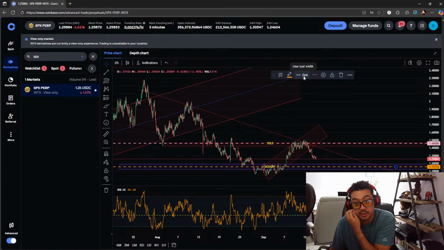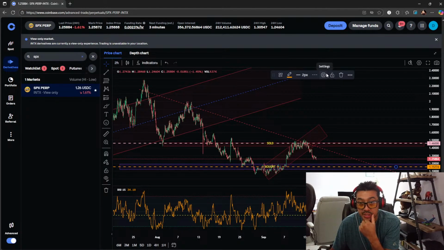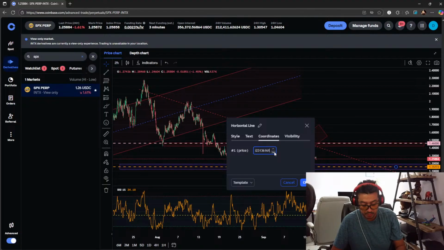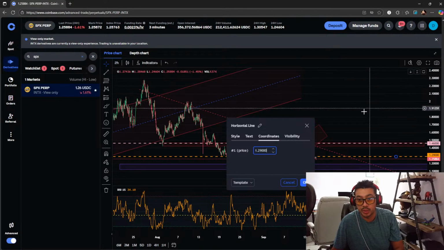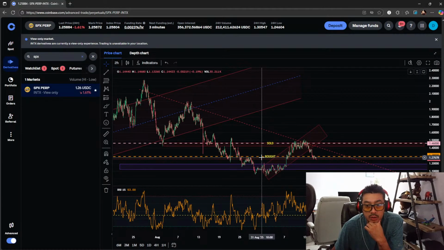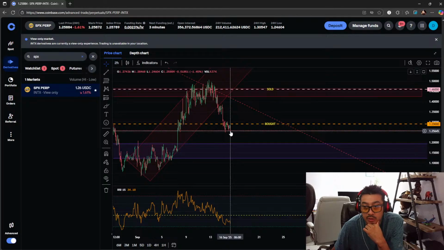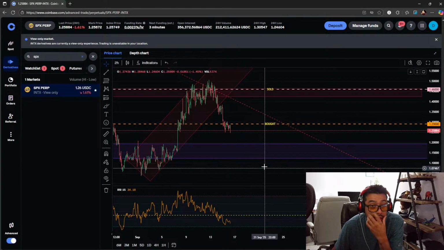That's what it showed. So let's go to settings. Let's move our coordinates to 129. Boom. So that's where we bought it. So I'm actually below. I could buy it right here as well.